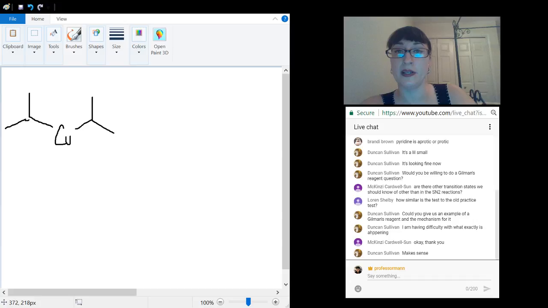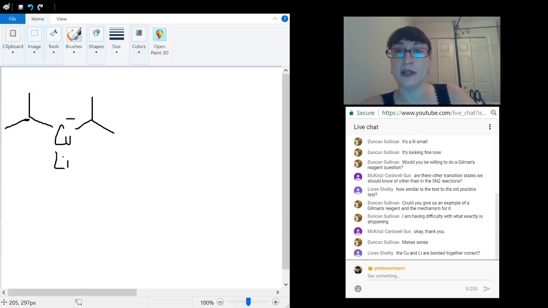Okay. So in this case, let's use an isopropyl type group complexed to the copper. So this here is going to be our Gilman reagent, right? So, Lauren, they're not actually bonded together covalently, which is what we're usually thinking of in this class. They're ionic. Okay, so those opposite charges are holding each other together.